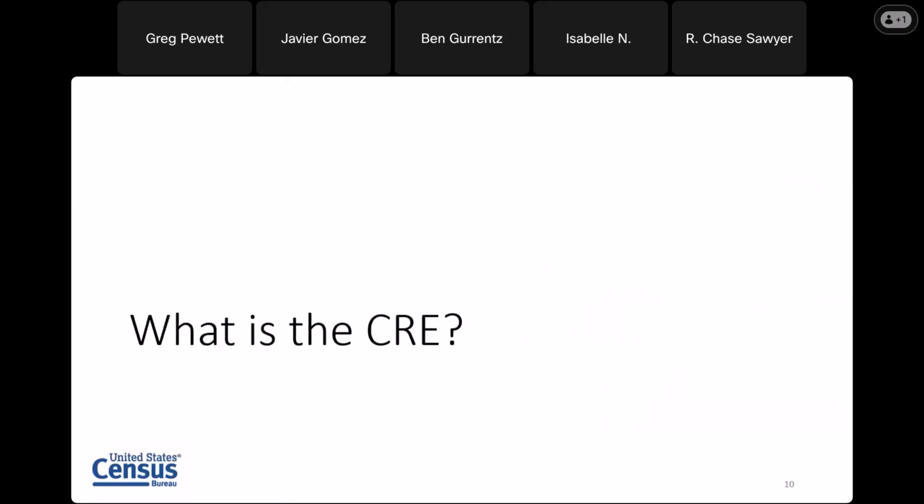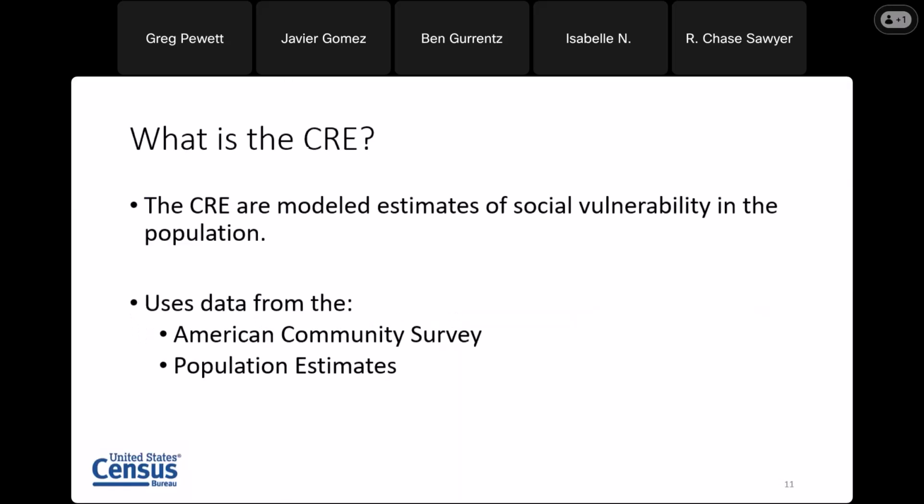Now let's explain in more detail what the community resilience estimates are. The CRE are model estimates of social vulnerability of the population that use data from the American Community Survey, or ACS, and the Population Estimates Program. The ACS is a nationally representative survey with data on the characteristics of the U.S. population. The sample is selected from all counties and county equivalents and has a sample size of about 3.5 million housing units each year.